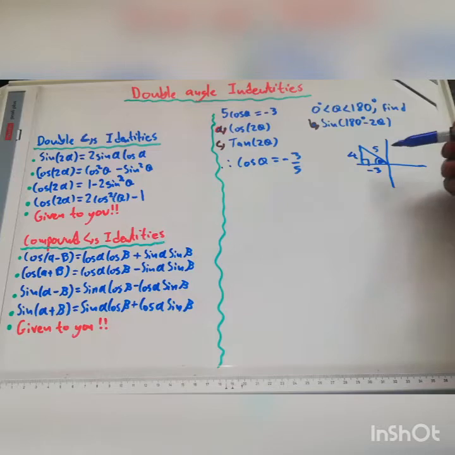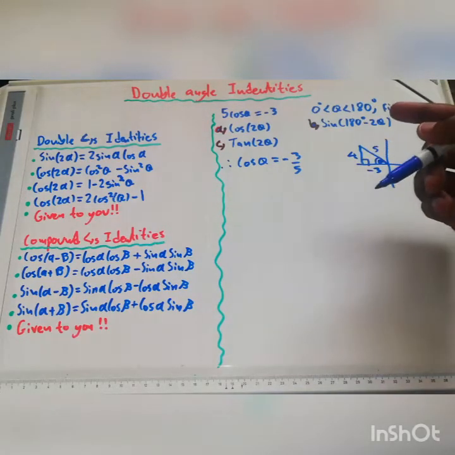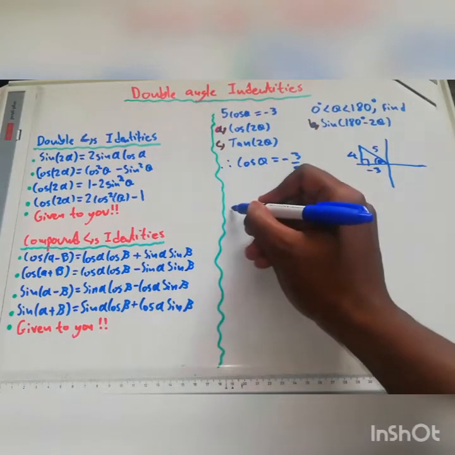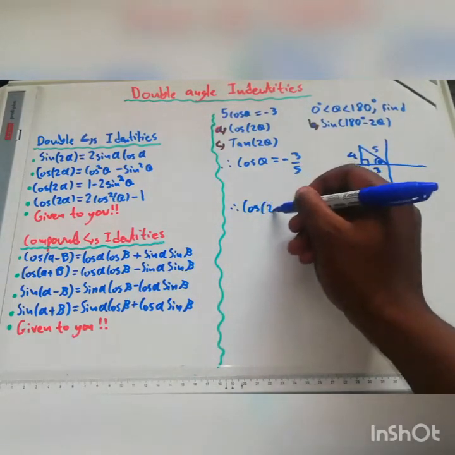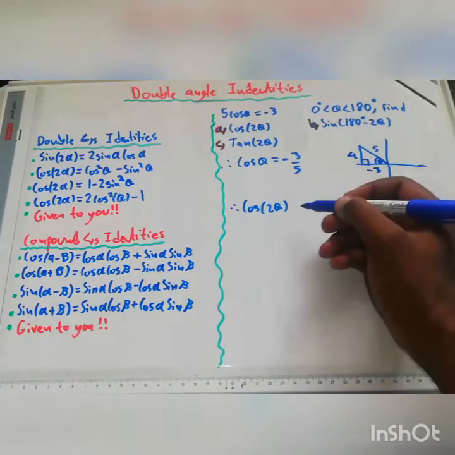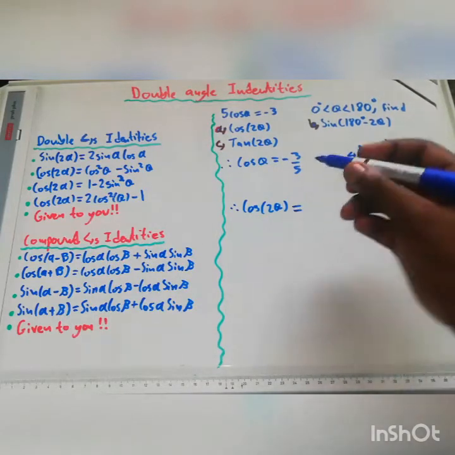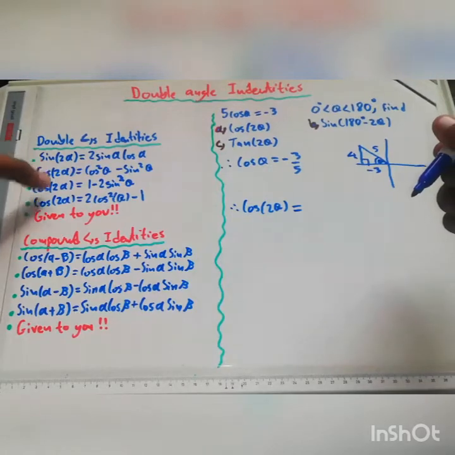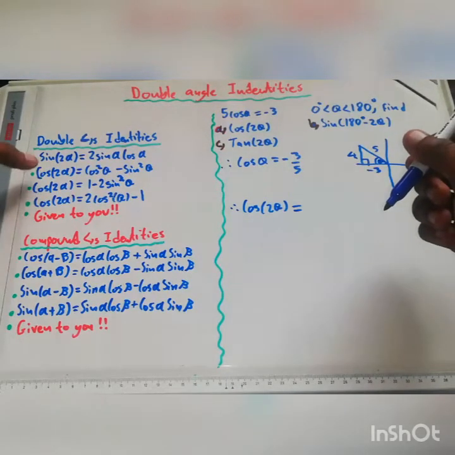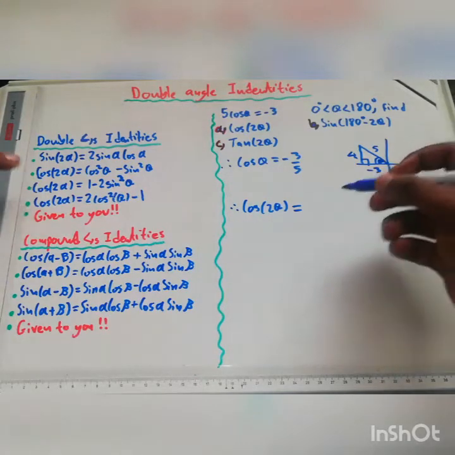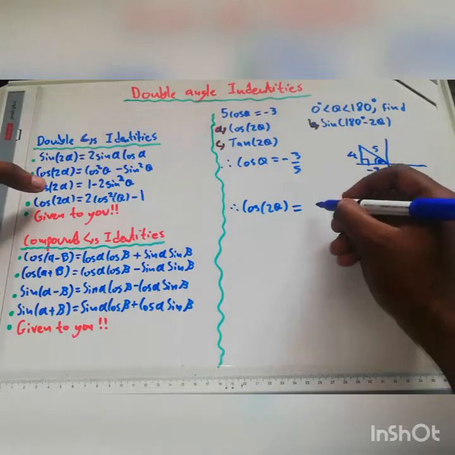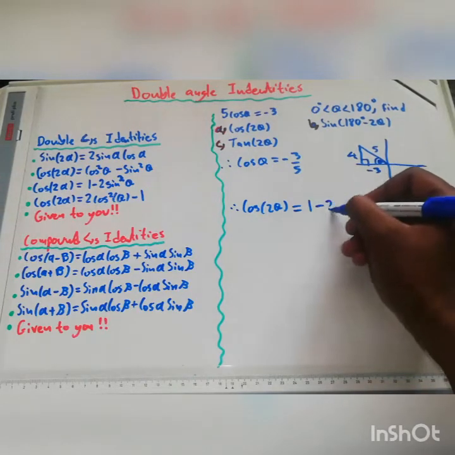So now, since you have all of this information, you can start answering your questions. The first question, they want cos 2 theta. Cos 2 theta is what? You can choose either one of these, because they're all cos 2 theta, but I'll choose to use this one.